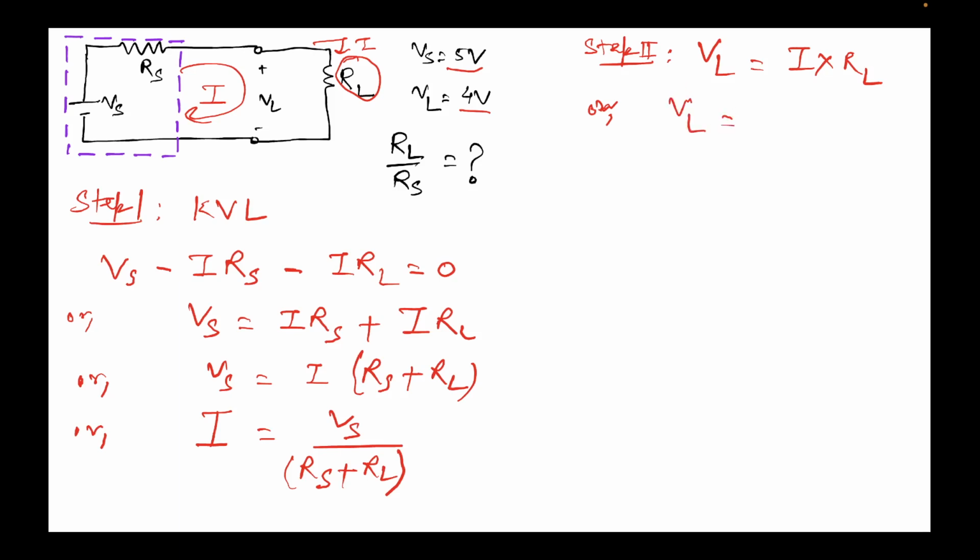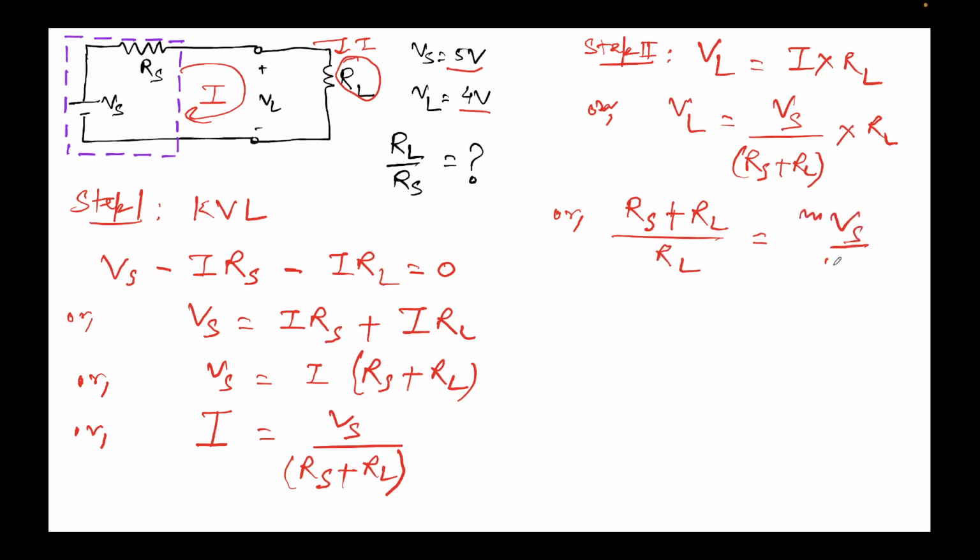So we'll write VL equal to Vs over Rs plus RL multiplied by RL. Taking all the resistance terms to the left hand side, I can write Rs plus RL over RL equal to Vs over VL.